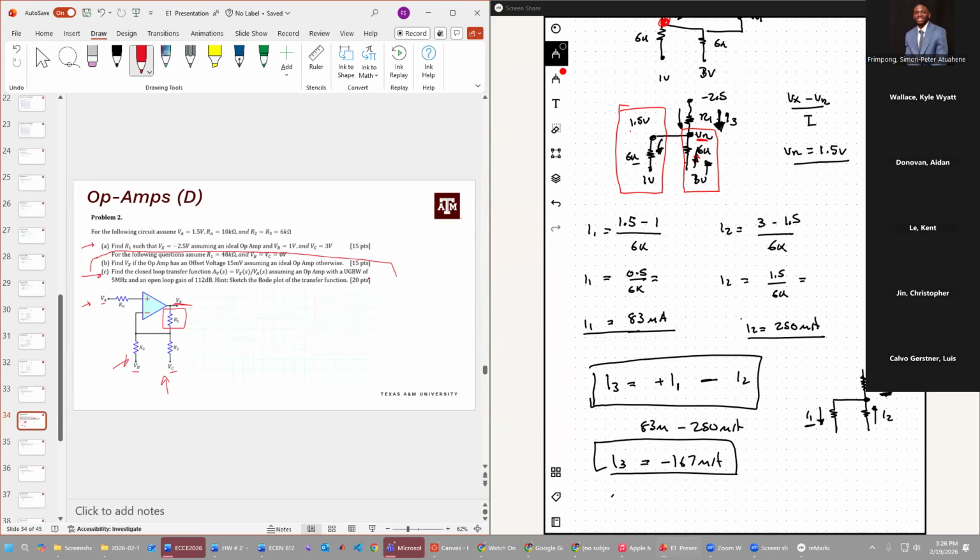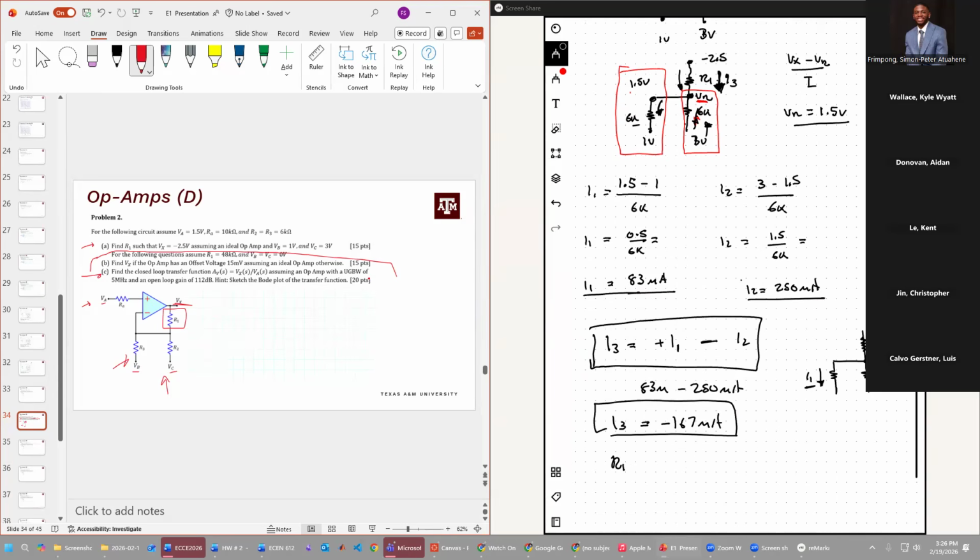Like so. And now R1 simply becomes, according to our voltage convention, our sign convention that we've done, something like this divided by, okay. And can anyone tell me the final answer?